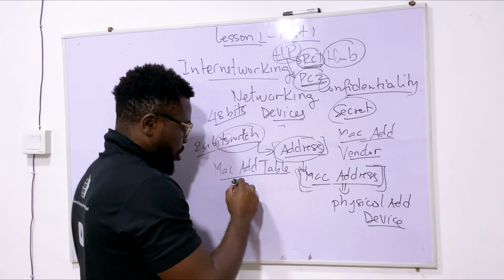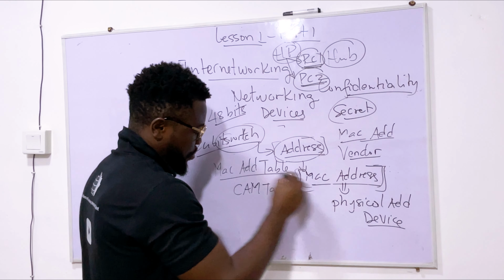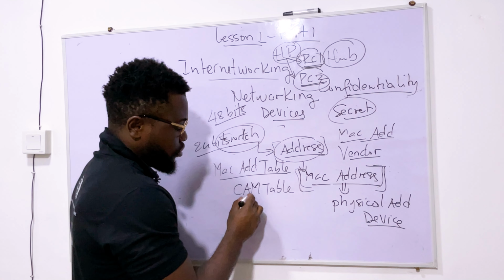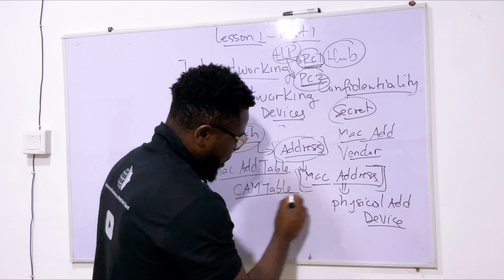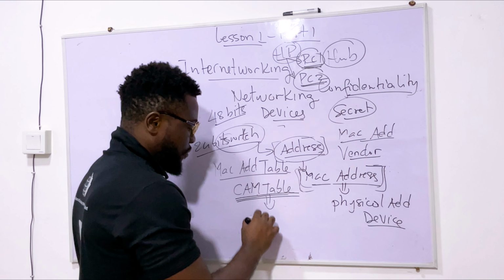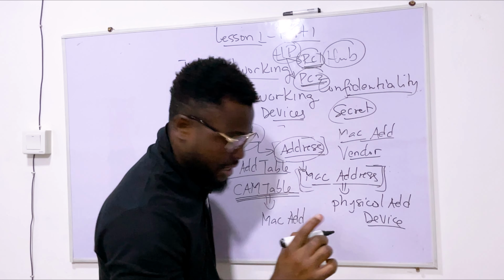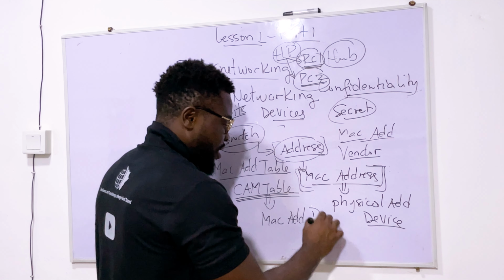It is also called a CAM table, content addressable memory. This table helps the switch to keep a record of MAC addresses of devices and the ports.